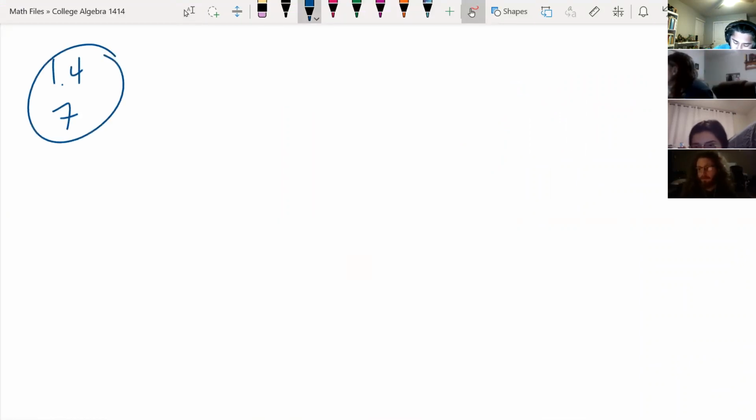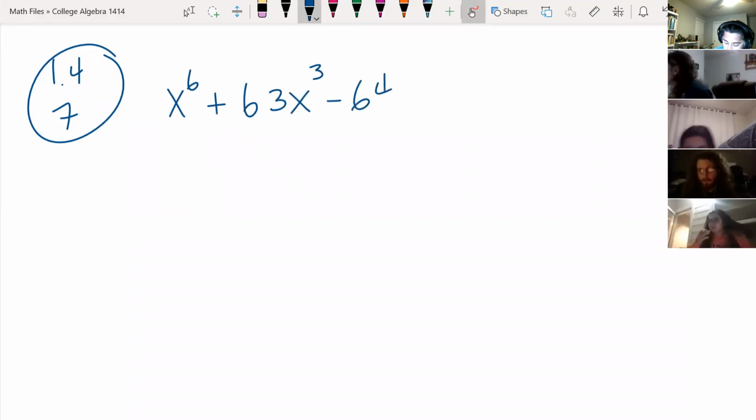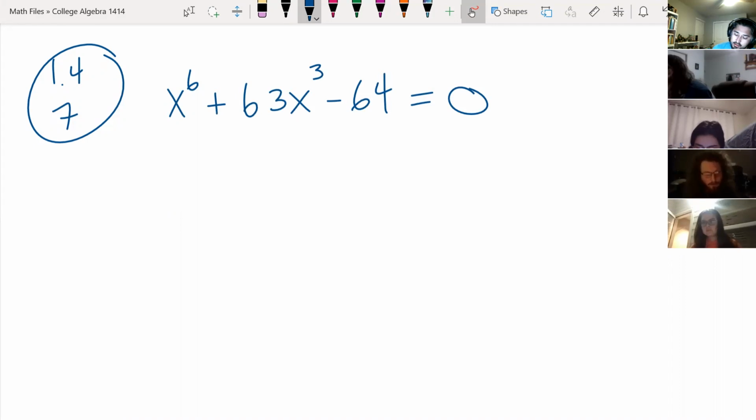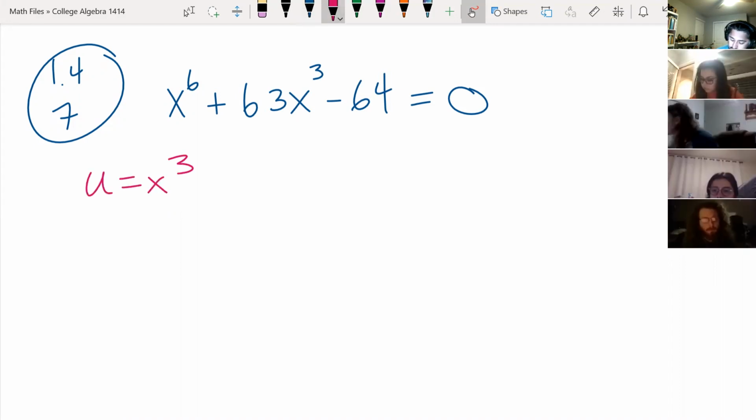1.4, number 7: x to the 6 plus 63x cubed minus 64 equals 0. I'm assuming you went U substitution. So U equals x cubed, and therefore U squared is x to the 6.